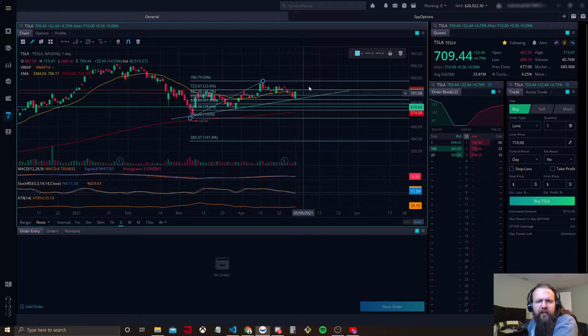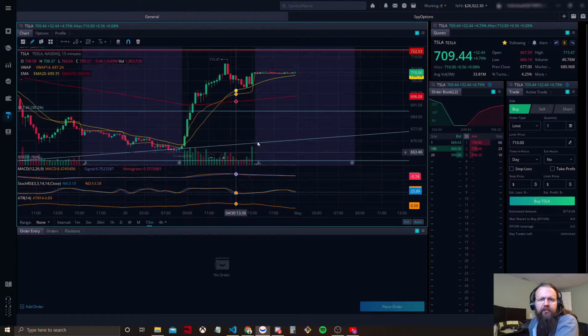Now we can zoom in and see if it's done pulling back. As I said, we have this nice little trend going on that is also respecting. These are just general guidelines to help you figure out your entries or exits, depending on the situation.